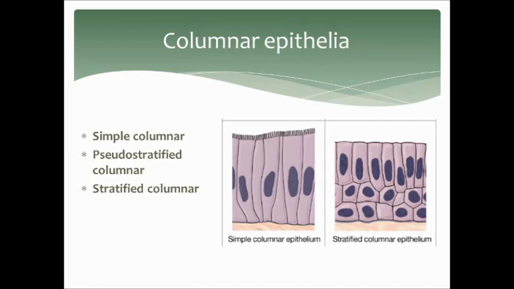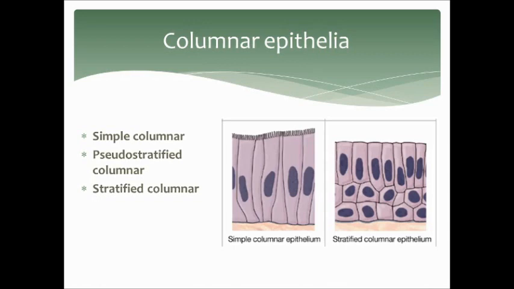All of the cells will contact the basement membrane just like they do in simple columnar. Typically, pseudostratified columnar epithelium is ciliated, so we would then call it pseudostratified ciliated columnar epithelium. And it can be found in the nasal cavity, the trachea, bronchi, and the male reproductive tract.